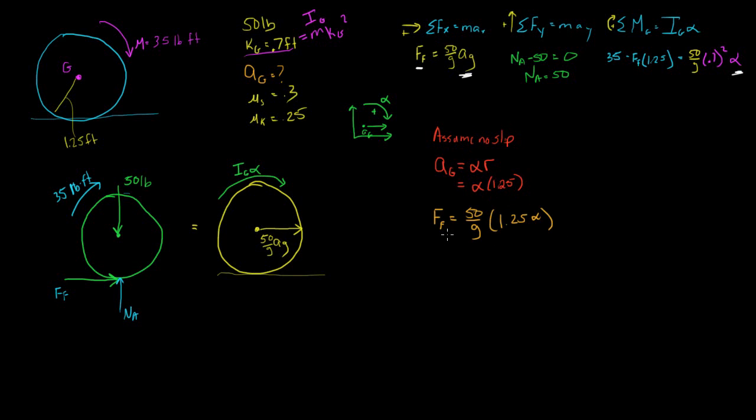And then we can substitute this expression for the frictional force right here into this right here. And when we do this, I'll write it out: (35 minus 50 over g times 1.25 alpha) times 1.25.